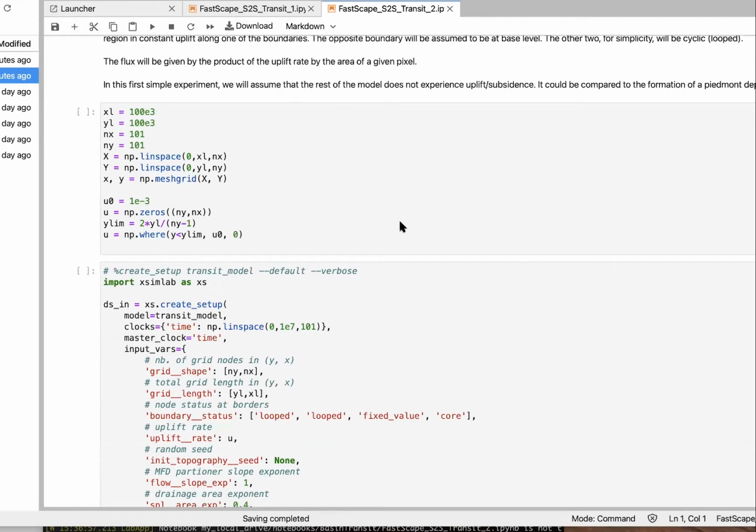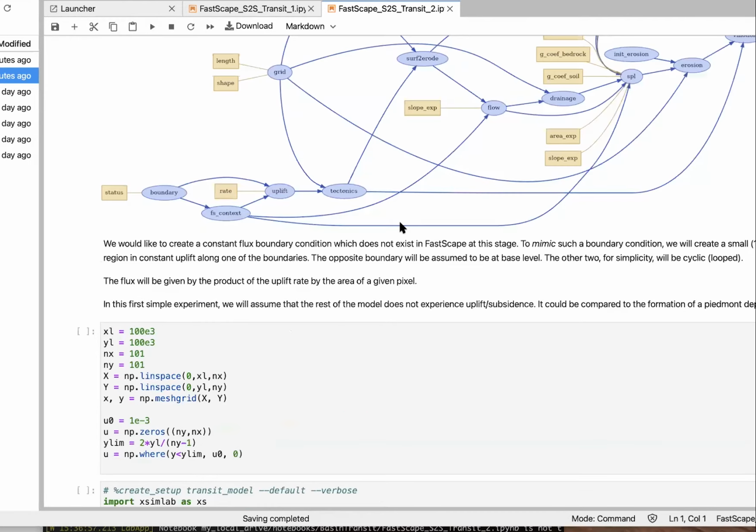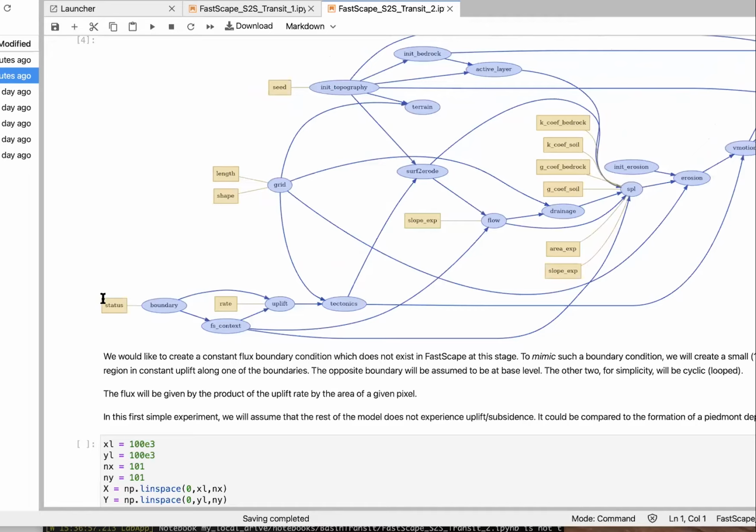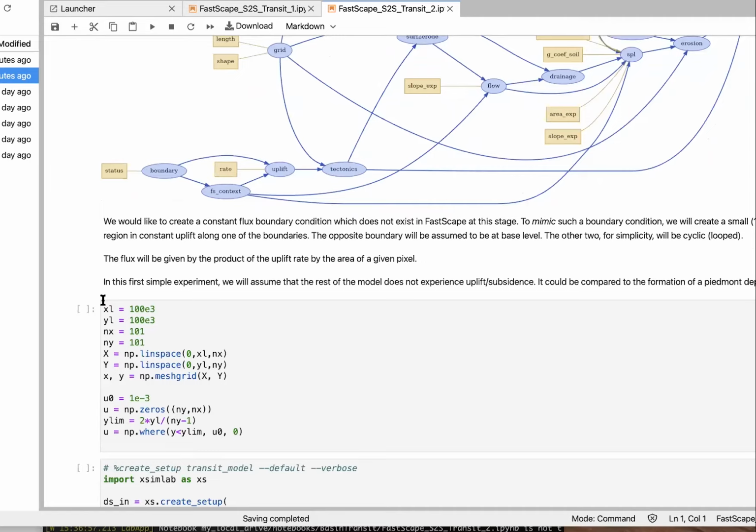So to do this, I think the best is to show you what I've done here in the diagram, but only along one side of the model. It's like having a very narrow mountain producing flux, and then the rest of the model is going to have no uplift.